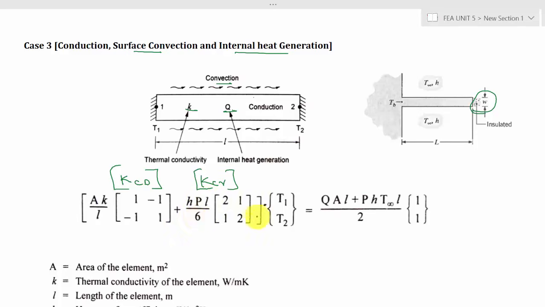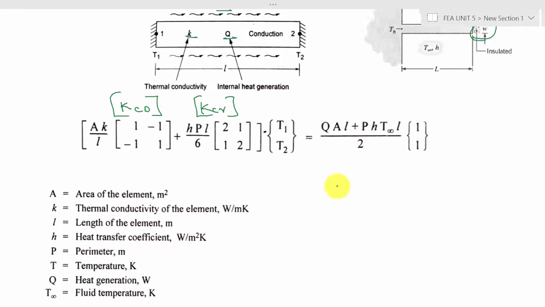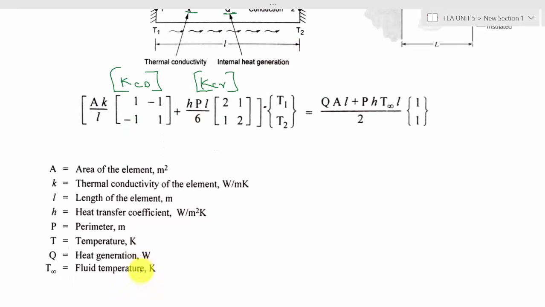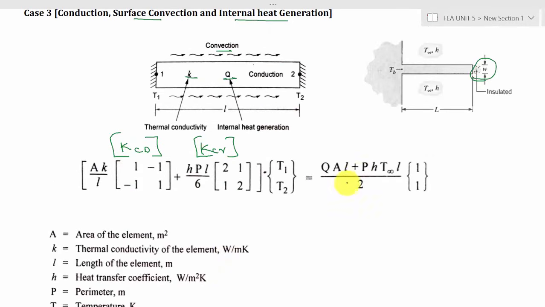Then QAL is for internal heat generation, where Q is the heat generation given in watts, and the remaining terms we know. If there is no internal heat generation, then we can put the Q value as 0. So this is the case of conduction, surface convection and internal heat generation.